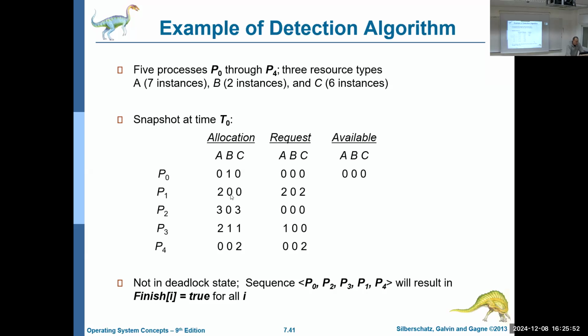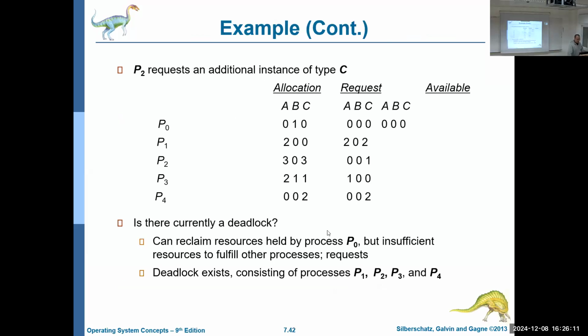P2 also has nothing. So they go, their release is 313. Then with 313, P1 can obviously go and do everything, and any other one can go after that. It's not a deadlock. Now, P2 requests an additional instance of type C.